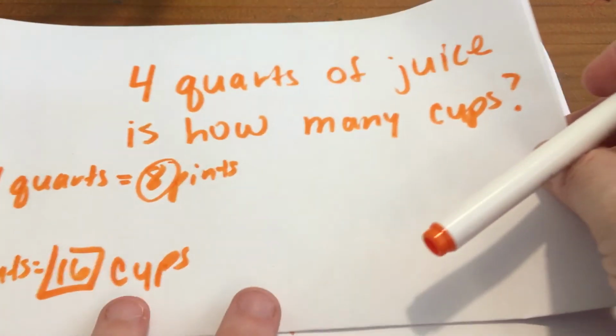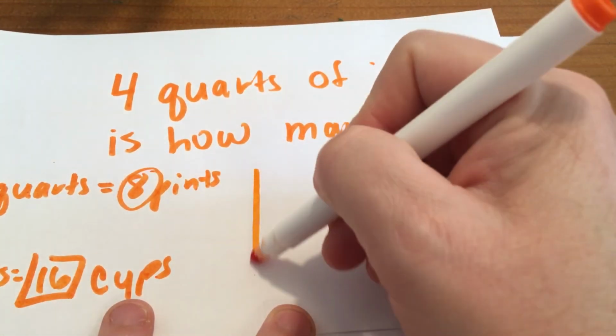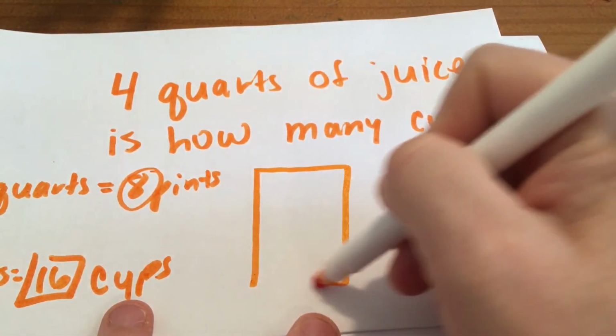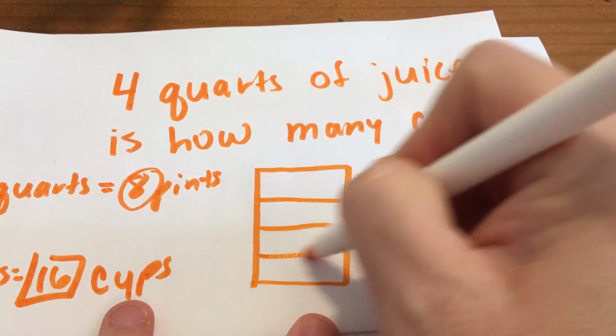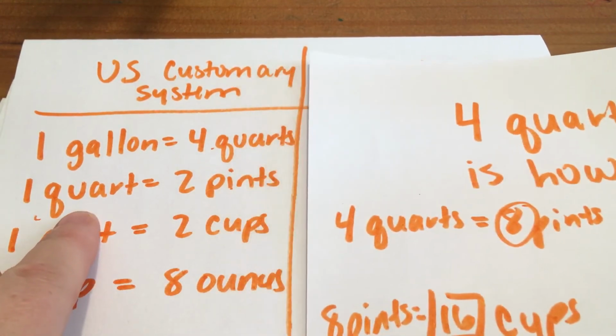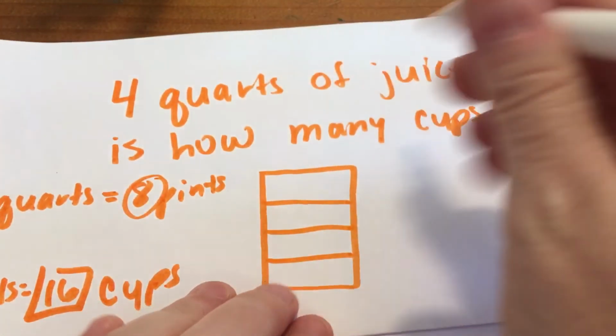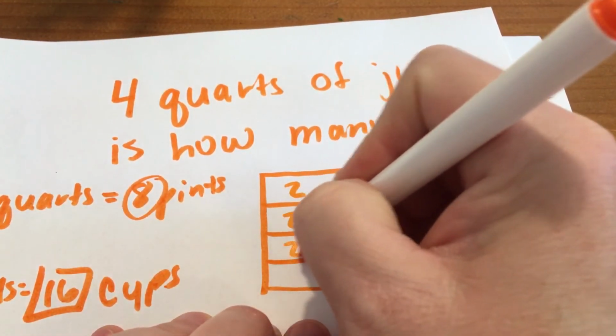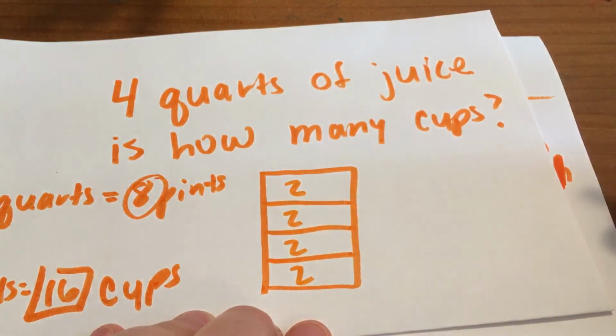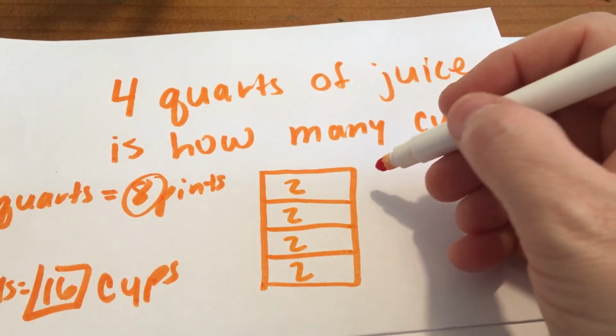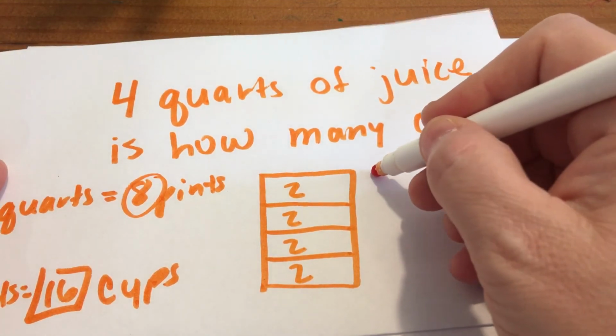Let's draw a picture. We have 4 quarts. 1, 2, 3, 4 quarts. In each quart, how many pints? 2 pints. 2, 4, 6, 8 pints. Now we have 8 pints.